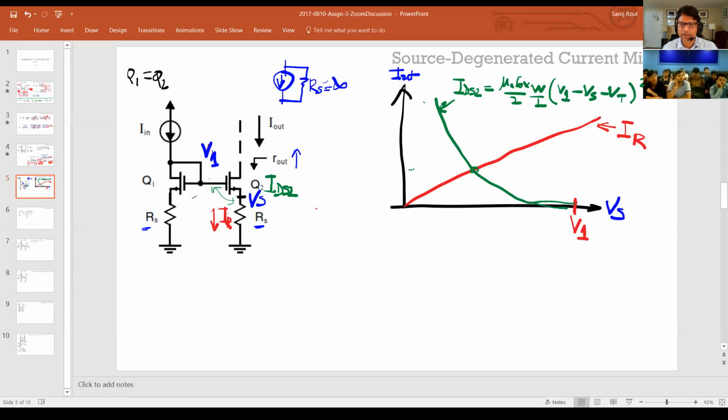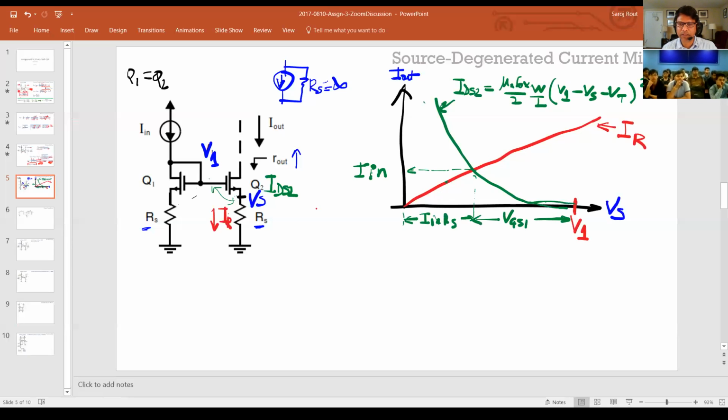So this is where they meet, and basically what I'm saying is that this needs to be equal to IN. This is the only solution. And you kind of intuitively see this. So for example, if I just split this voltage here is IN times RS, right? Because this slope is R, and if this is IN, then this voltage is IN times RS, which means that this is VGS1.